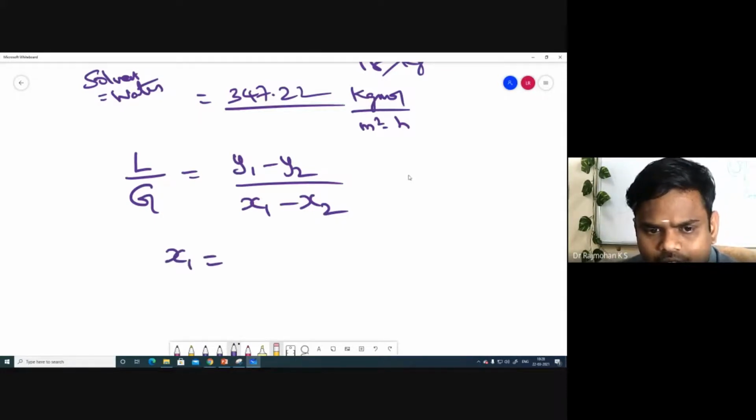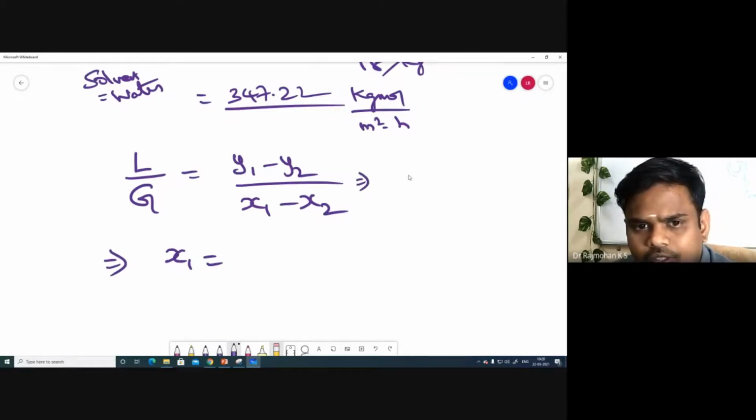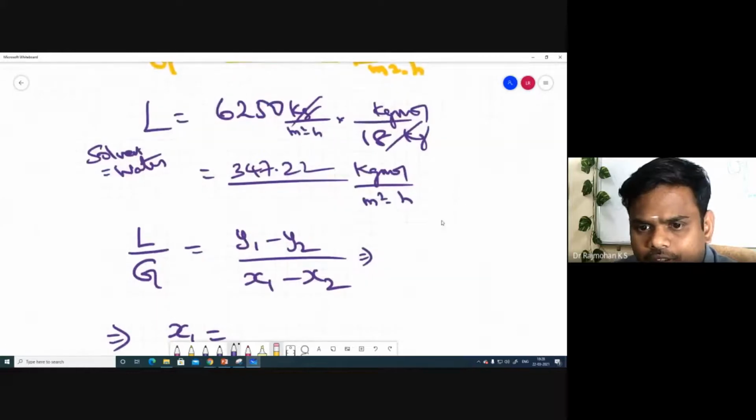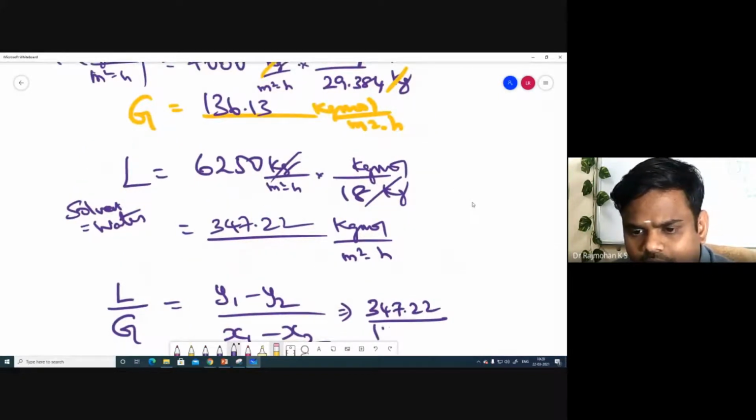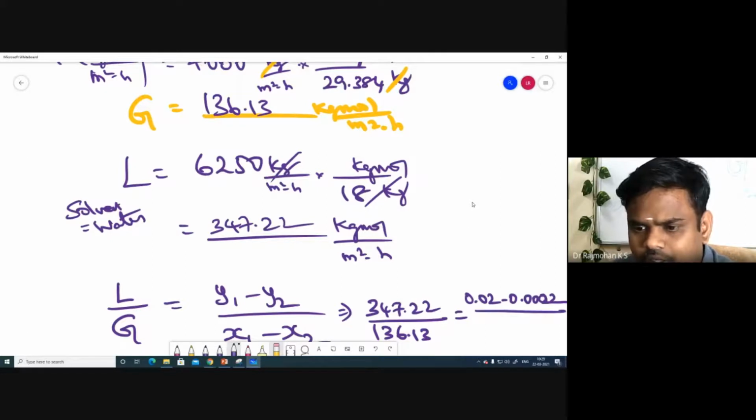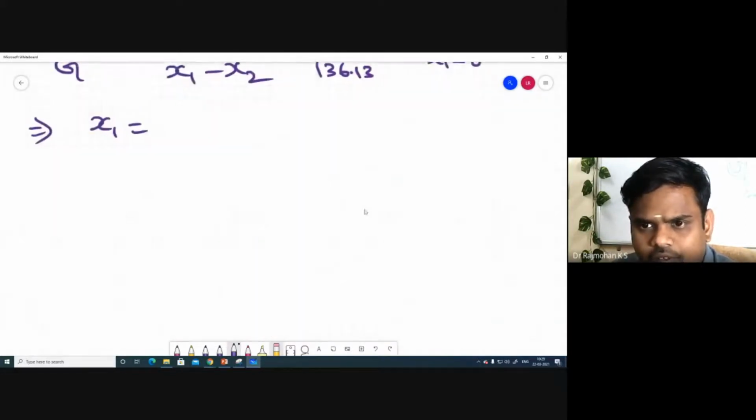All values we have, so we can simplify to get x1. L is 347.22 divided by G, 136.13, is equal to y1, which is 0.02, minus 0.002 divided by x1 minus 0. Simplifying, we will get the x1 value.